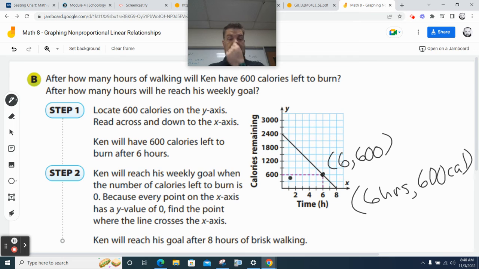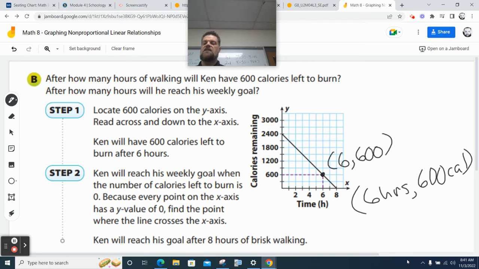Okay. So Ken will reach his weekly goal when the number of calories left to burn is 0. In other words, he's burning all of his calories. So, Mr. Adams exercises and stuff. They say that an active person, probably like a male, depending on their height, maybe Ken's like 6 feet tall, will burn about 2,400 calories.